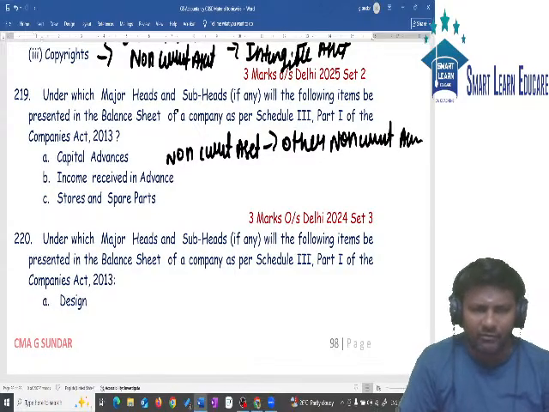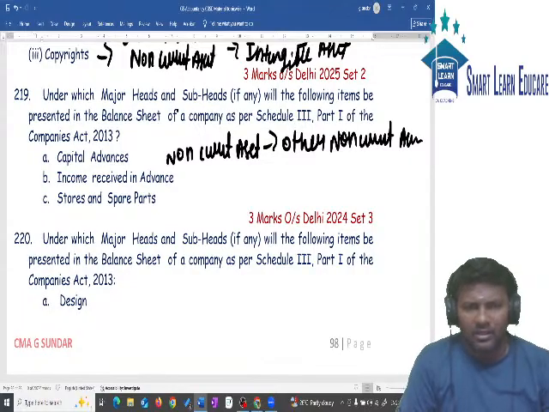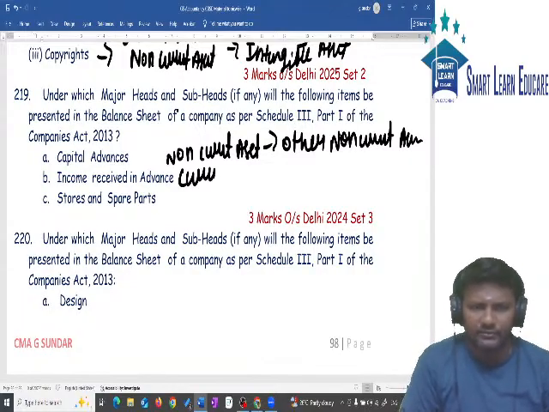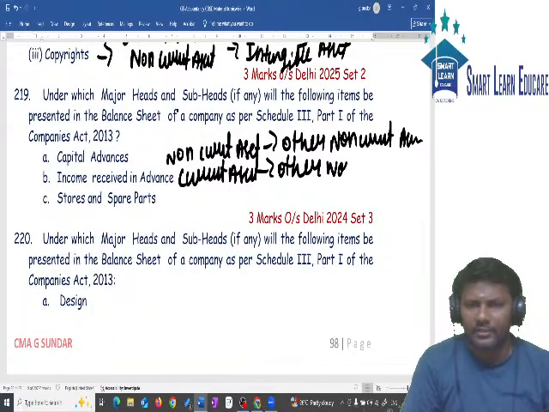Income received in advance. It is a current asset, in that, other non-current asset.